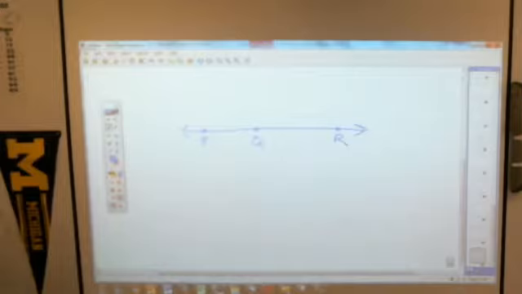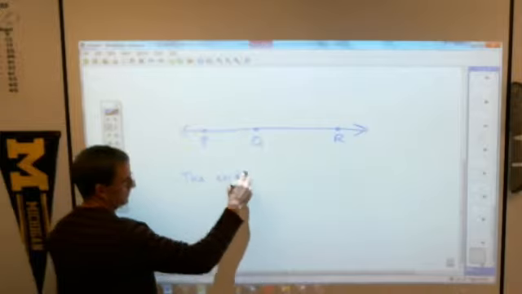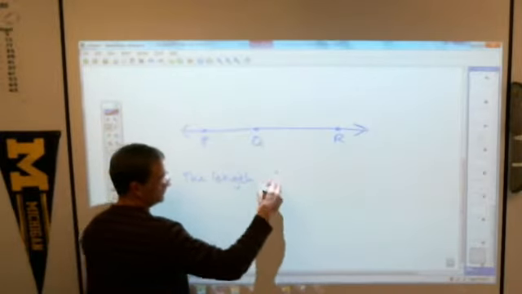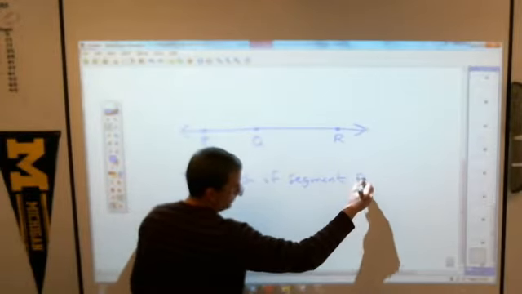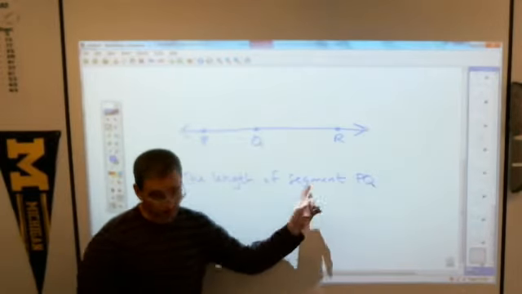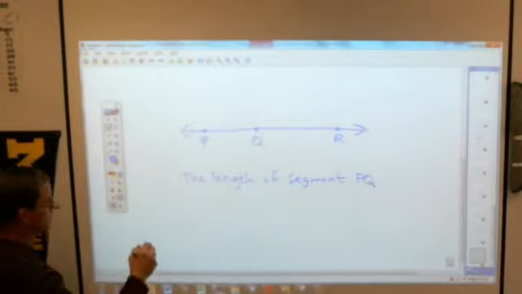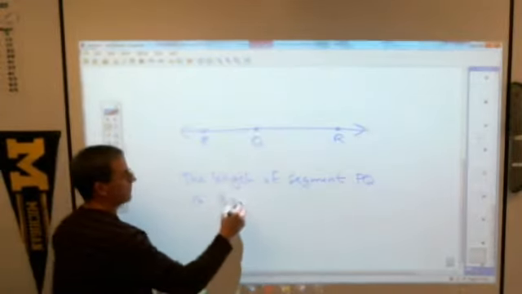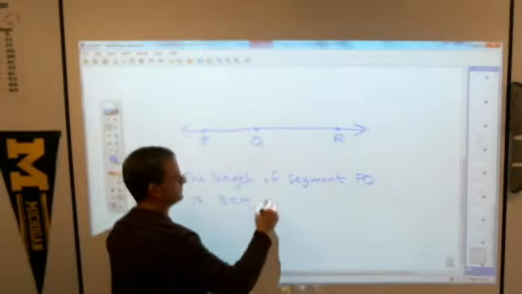The length of segment PQ is 3 centimeters. Now notice they didn't have to put a little thing above that because they told you it's a segment. The length of segment PR is 8 centimeters.